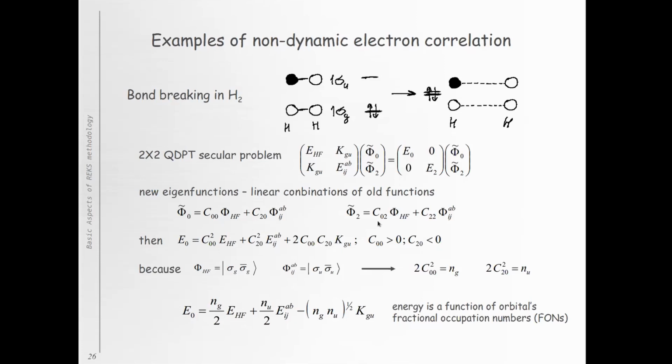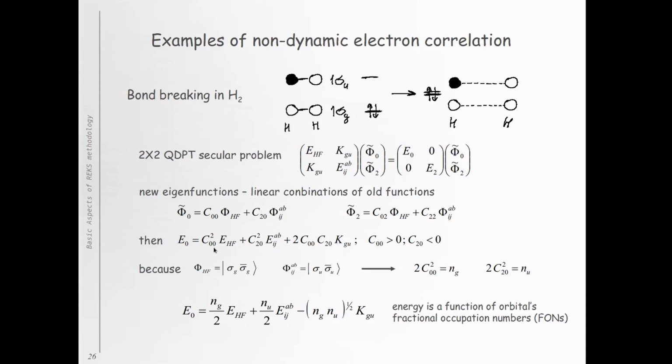From the solution of this equation, you know that we have 2 sets of eigenvalues. In the case of 2 by 2, they are given by sine and cosine of a certain angle, but that's not really important for us at the moment. Then we write down the expression for the ground state energy in this form.